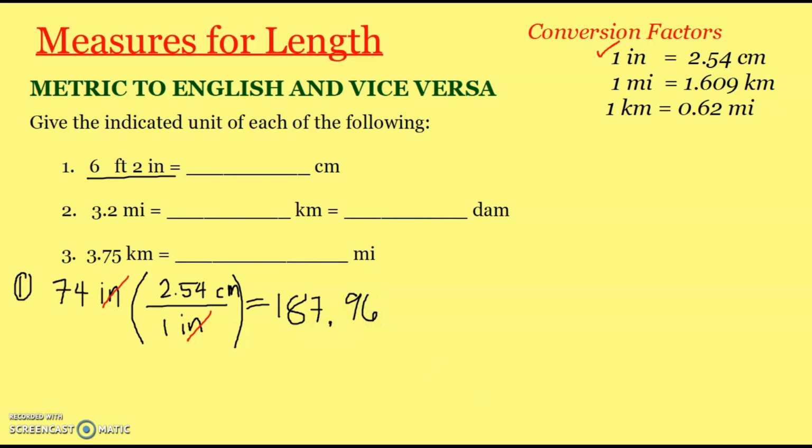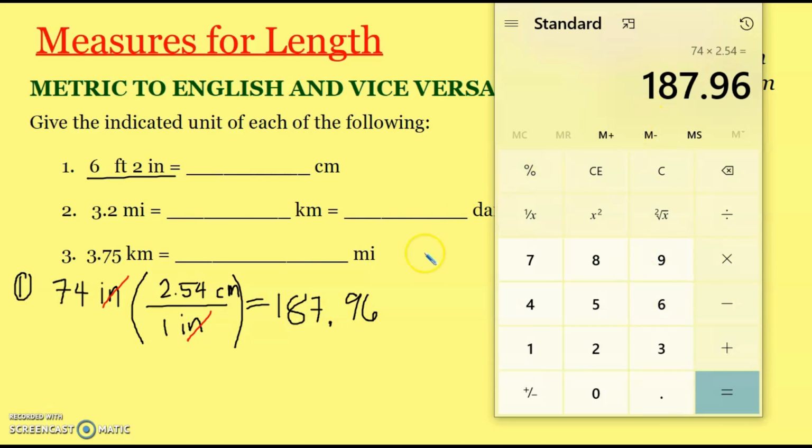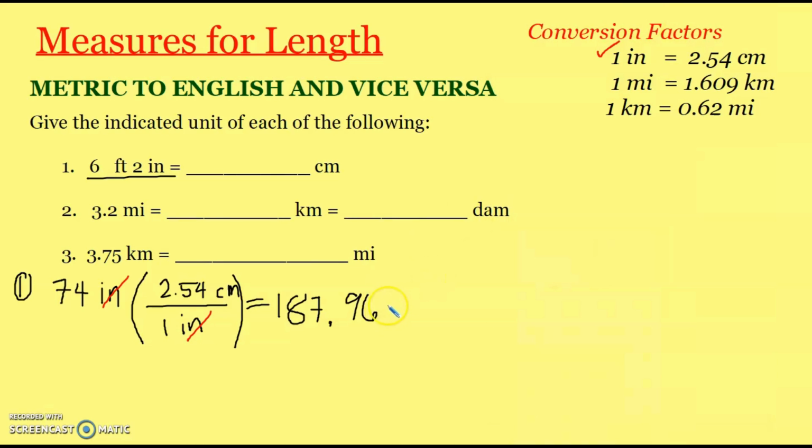Okay, we have to double check our calculation. Okay, 96. There you go. 187.96 centimeters. And we write that one here on the blank. 187.96. So I hope that you're getting the process on how the solution must be written or must be shown in the English to English, and so with the metric to English and vice versa conversion.